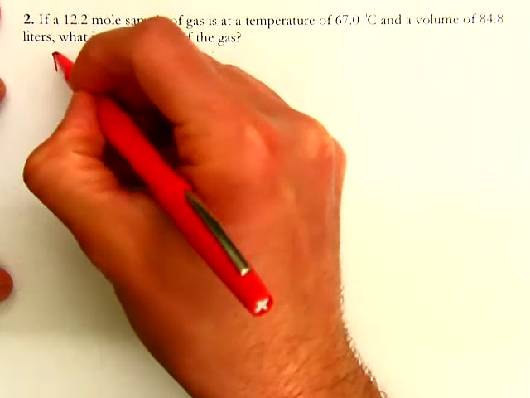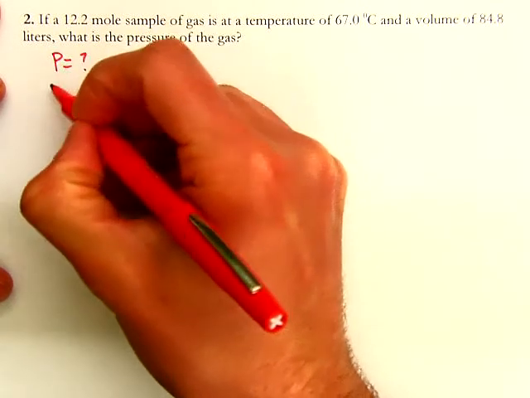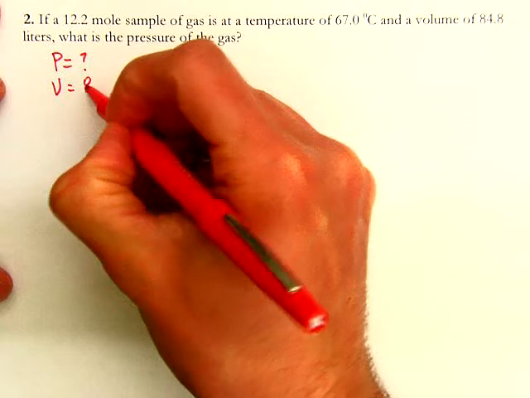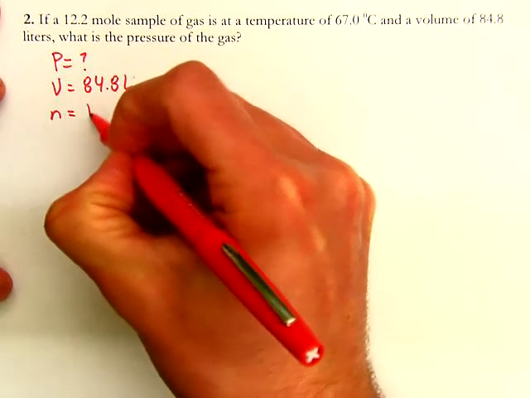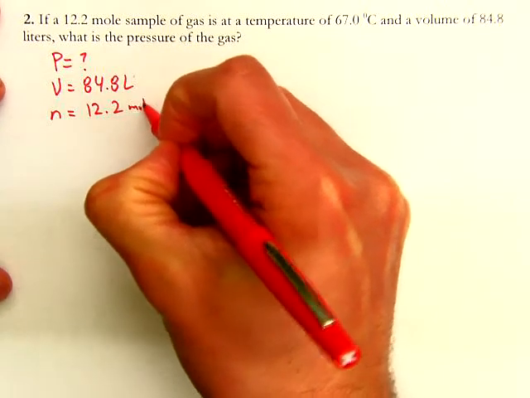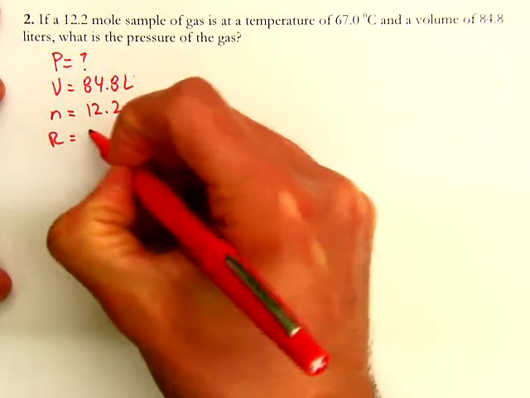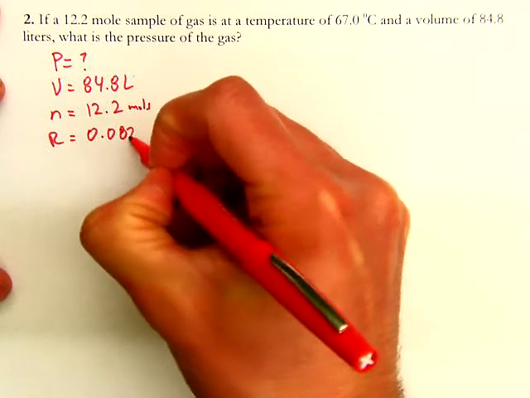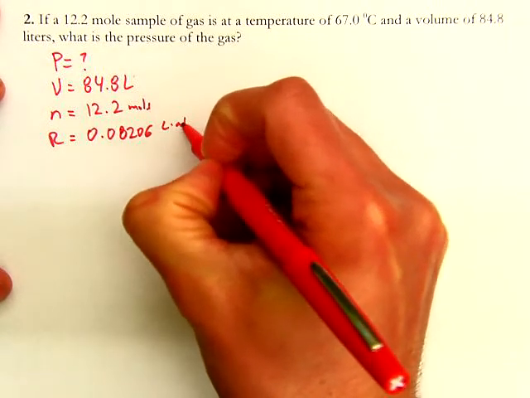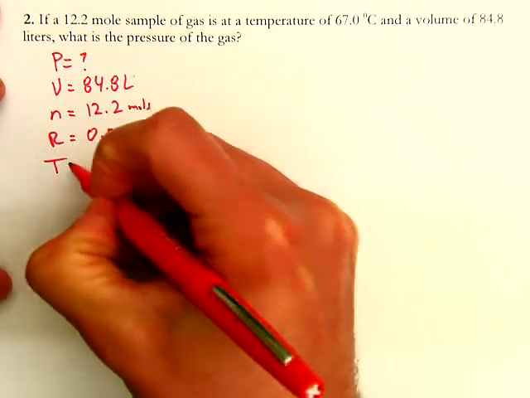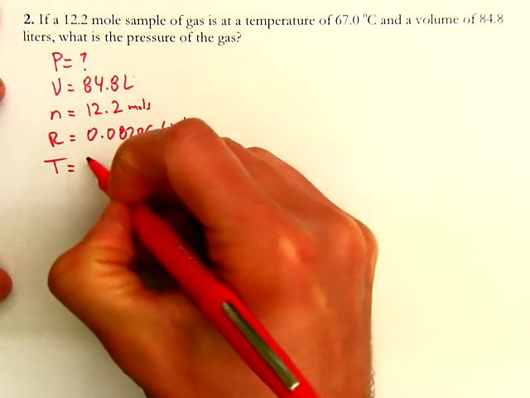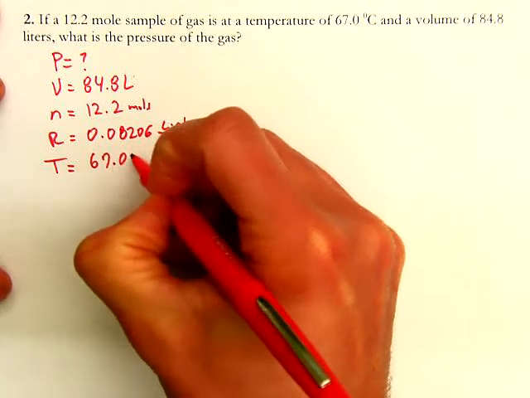So P is unknown. Volume is 84.8 liters. N is 12.2 moles. R is the universal gas constant. And T is 67.0 degrees Celsius.